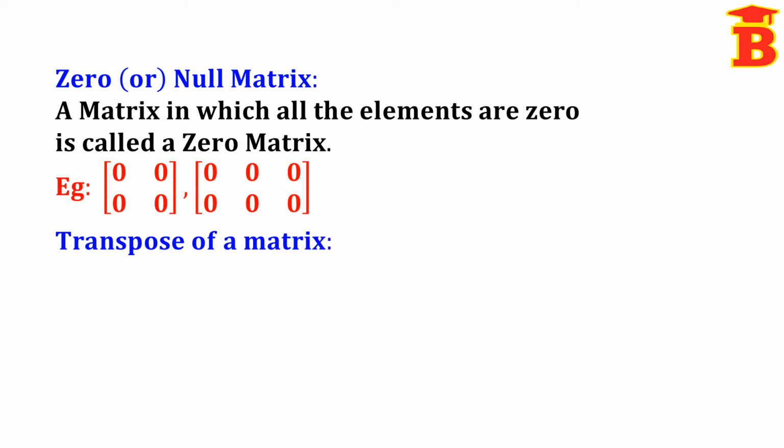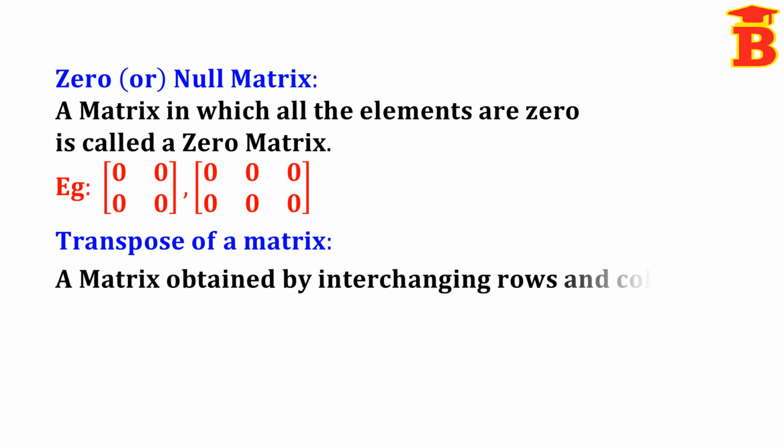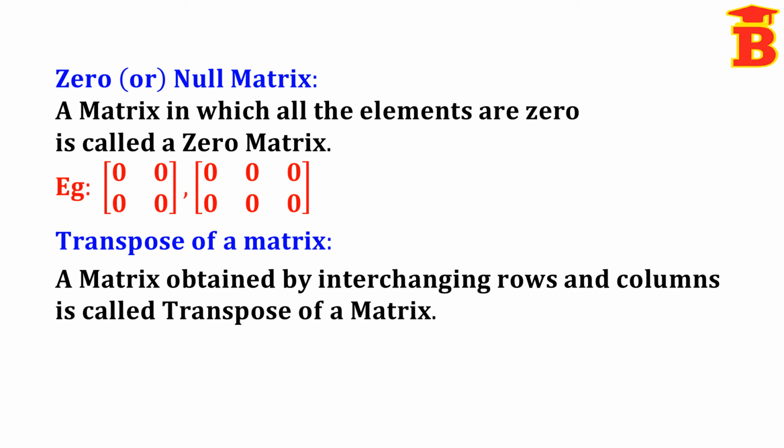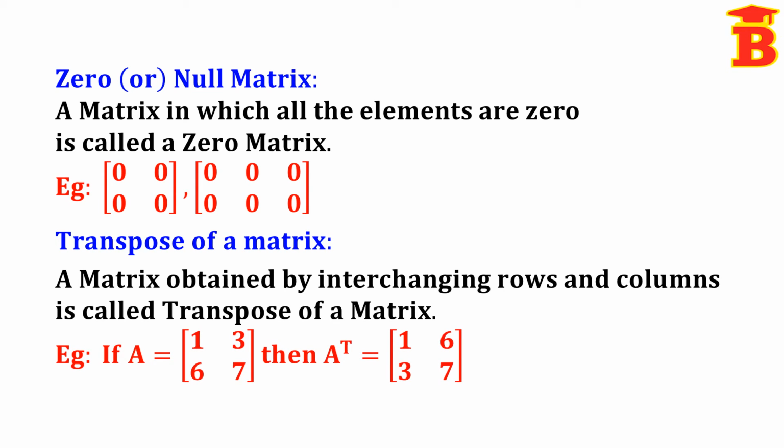Next, transpose of a matrix. A matrix obtained by interchanging rows and columns is called transpose of a matrix. For example, if we take the matrix A equal to first row 1, 3, second row 6, 7, then the transpose is denoted like this, A power T. So this is A transpose equal to this: first row, change it as first column.